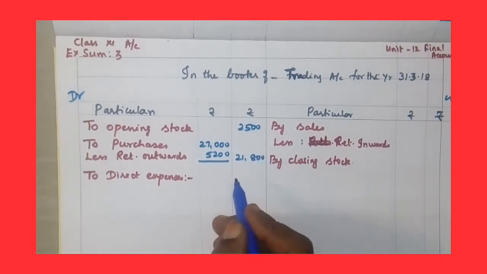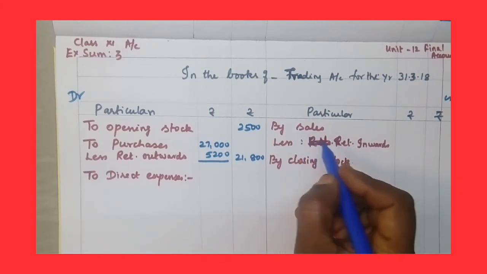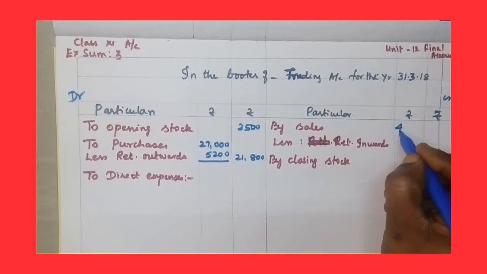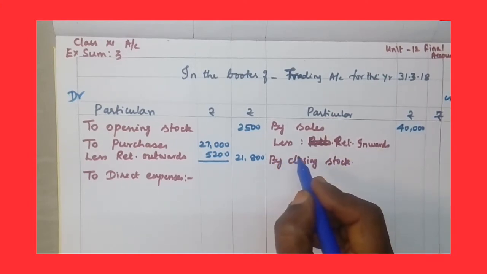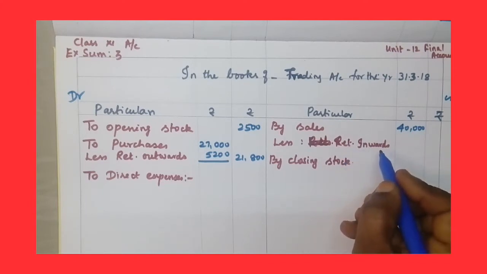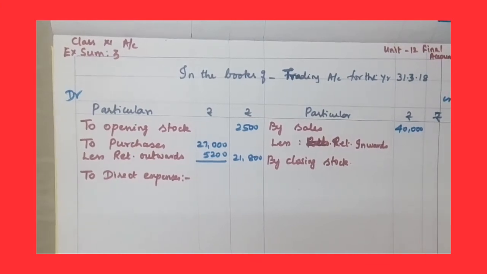Okay. Next, other thing is sales. Sales we can write it in the inner column because there is sales return. Sales 40,000 in the inner column, credit side la, less return inwards. Return inwards means we have sold to somebody, they have found some damage in it and they have returned it. Since the goods are coming inside the business, you can say it as return inwards.